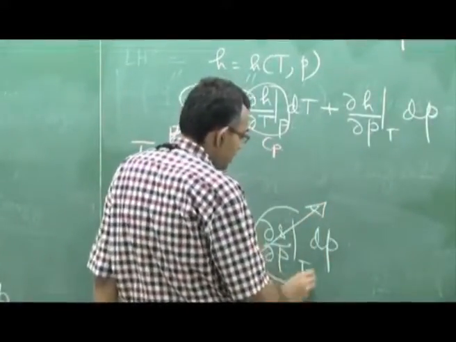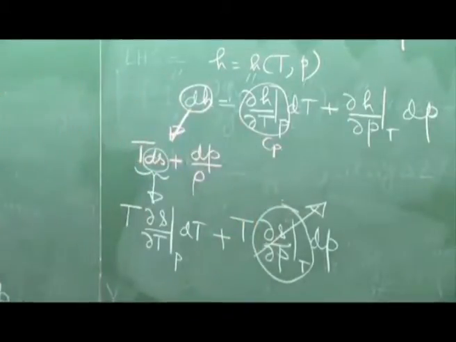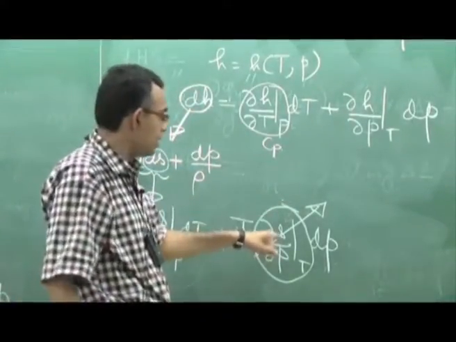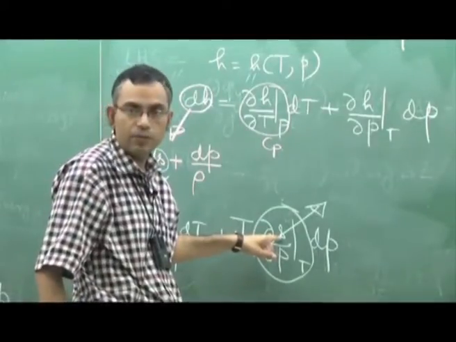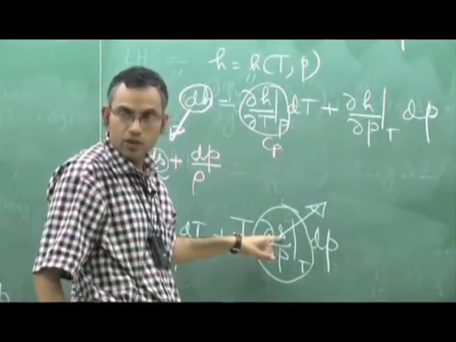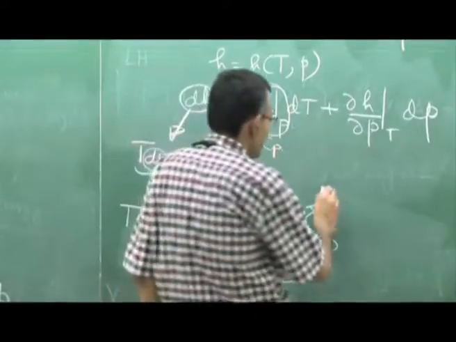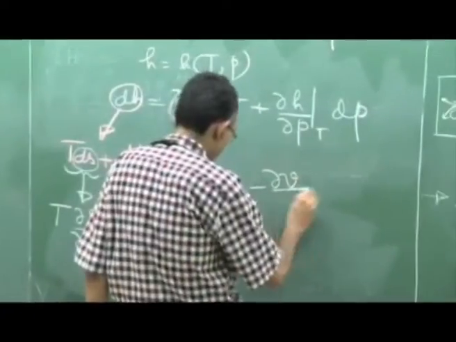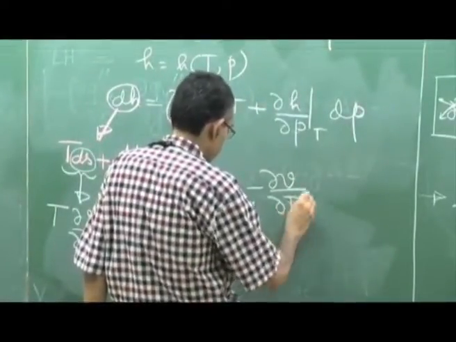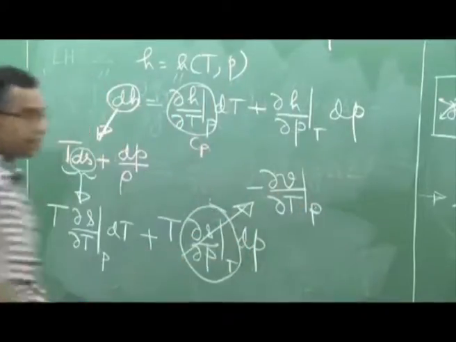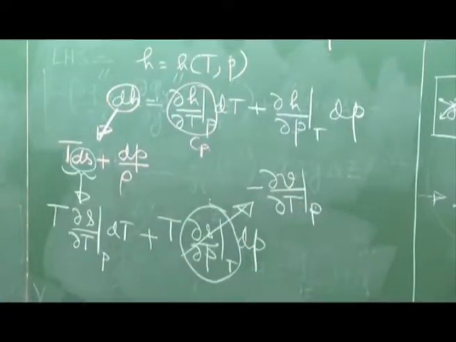Now this you can write in terms of other measurable parameters. Entropy is not a measurable parameter, so you can write it in terms of a measurable parameter using this. This is one of the 4 Maxwell's relationships in thermodynamics.